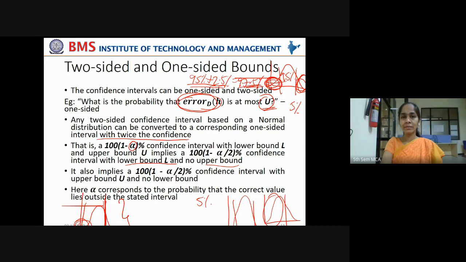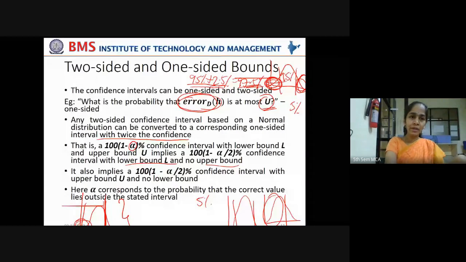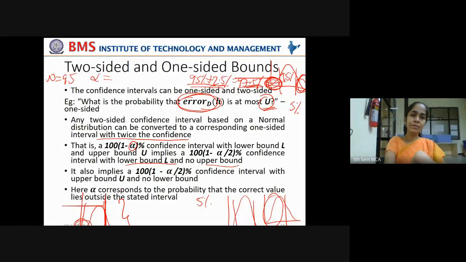Are you listening? When your confidence interval is 95%, your level of significance alpha will be 5%. When your confidence interval is 80%, your alpha will be 20%.